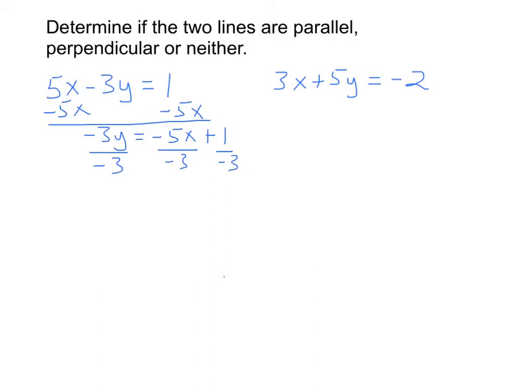And whenever you have a negative divided by another negative, the answer is positive. So we'll get y equals positive 5/3 x minus 1/3. So the slope of this line is 5/3.